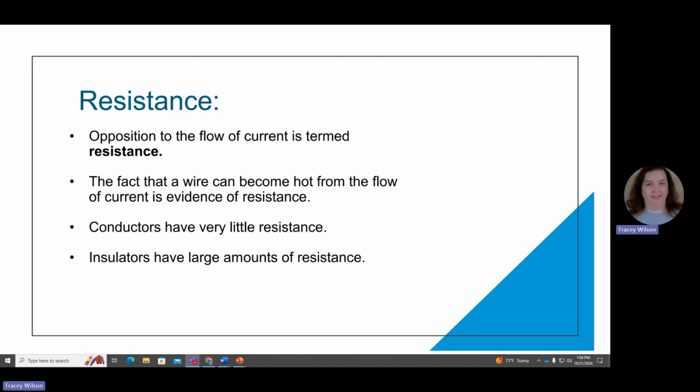All right, insulators are the key in this. They have a lot of resistance. Why you will see electrical wires with insulators around them is to keep the current in the wire.